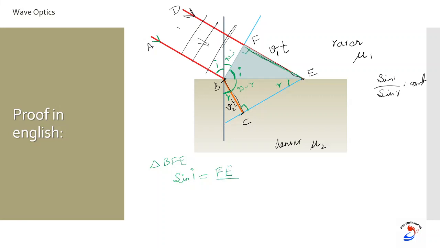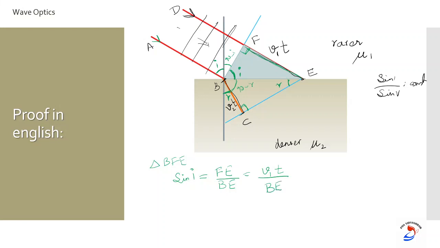This is 90 degrees, so the side opposite to 90 degrees is the hypotenuse, so it is BE, right? Here I have defined this distance as V1, and BE is nothing but, let's keep it as BE itself.